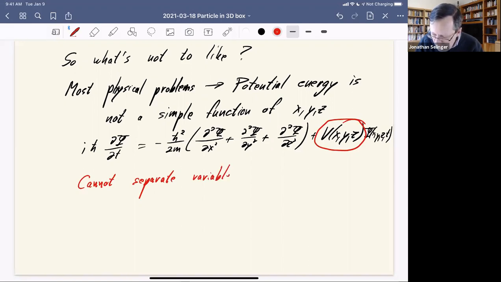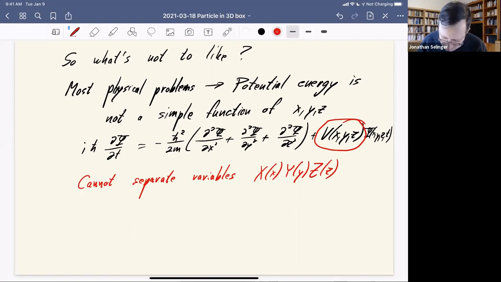You can still separate out time from x and y and z, but the whole business of saying it's a function of x times a function of y times a function of z, it just doesn't work because the potential energy depends on those things in some joint way that messes up the separation of variables. Okay, so I'll show you a typical example.